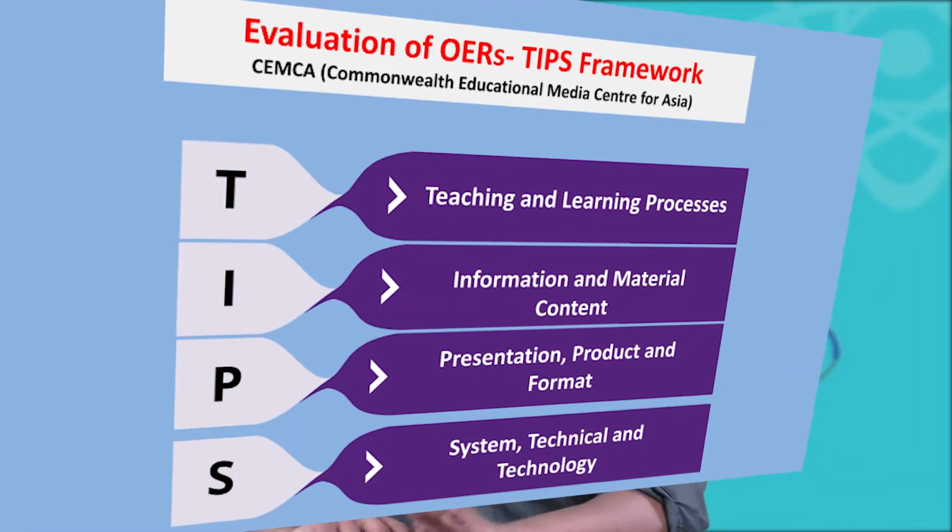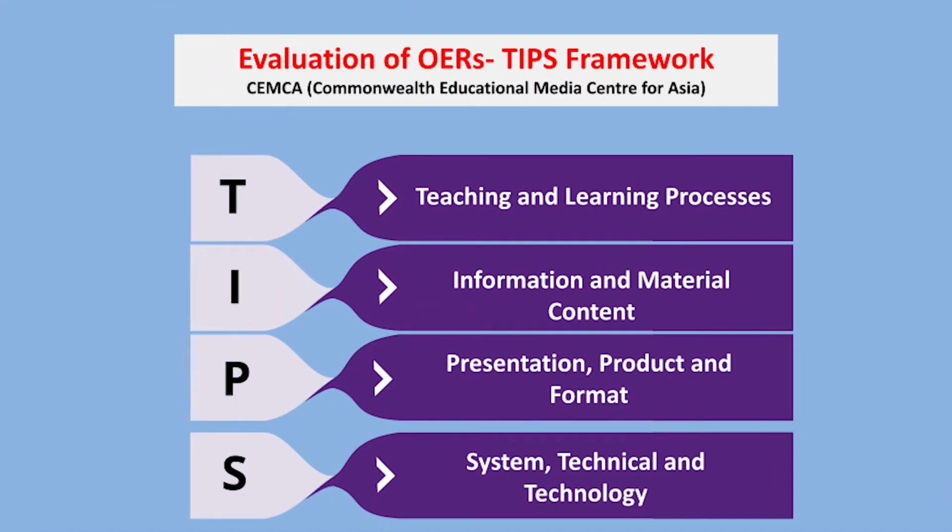As you are seeing on the slide, T represents teaching and learning processes. I represents information and material content. P represents presentation, product and format. S represents system, technical and technology.